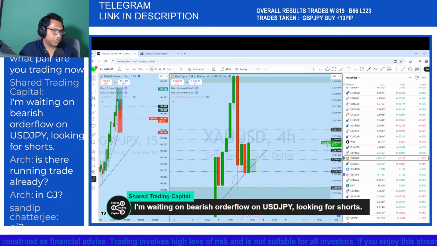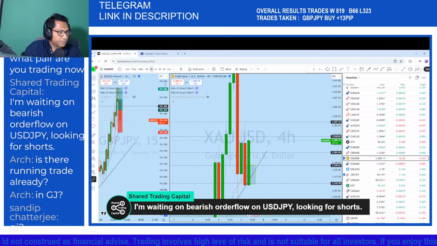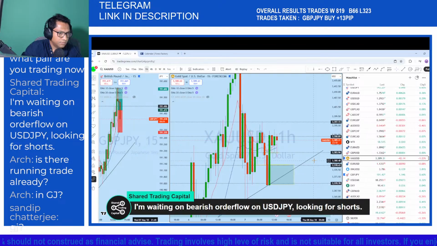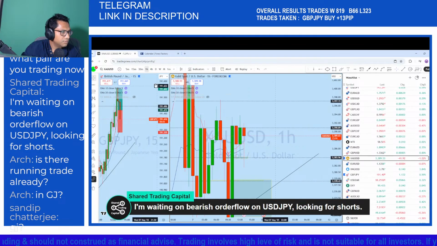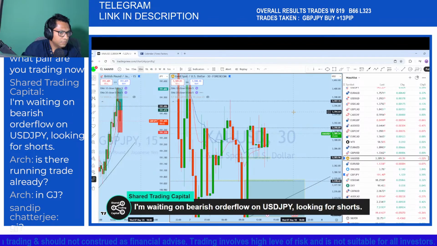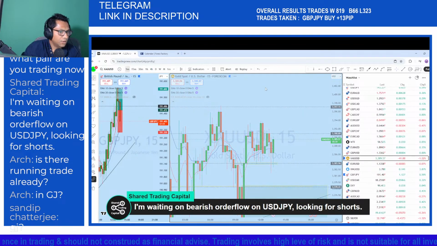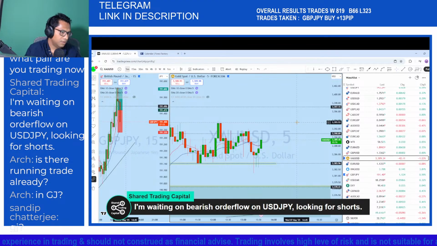Now the question is whether this candle closes above or below. Looking at the lower time frame, it's showing bullish price action.